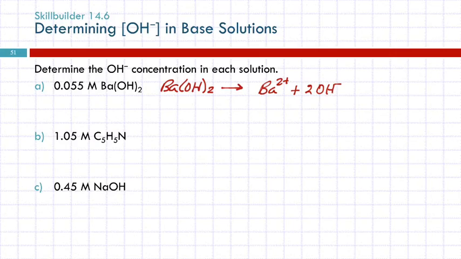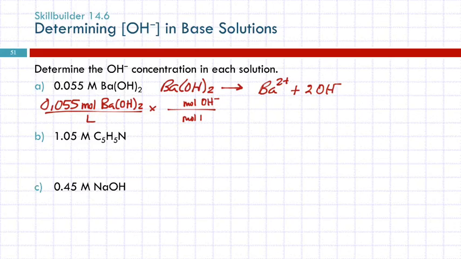You okay with that, or do you want me to prove it to you? I'll prove it to you. So 0.055, this means moles of barium hydroxide per liter of solution. I want to know how many moles of hydroxide per liter of solution. So how many moles of OH- per mole of barium hydroxide? 2.